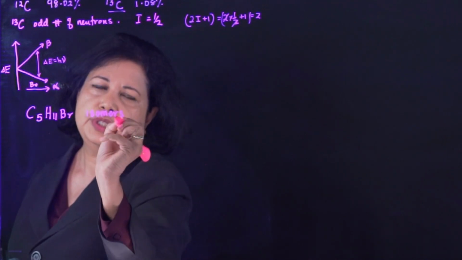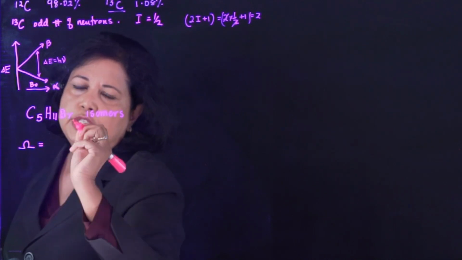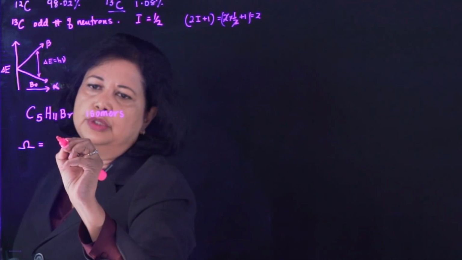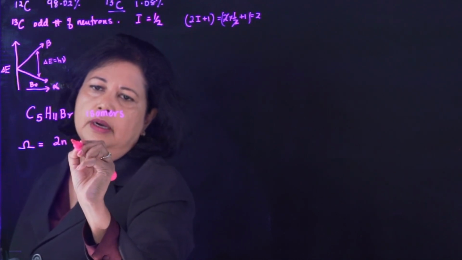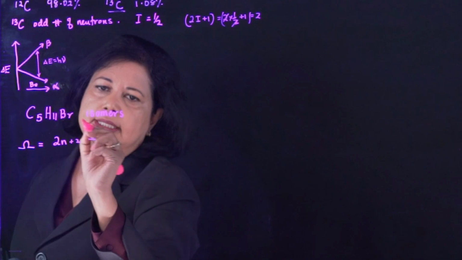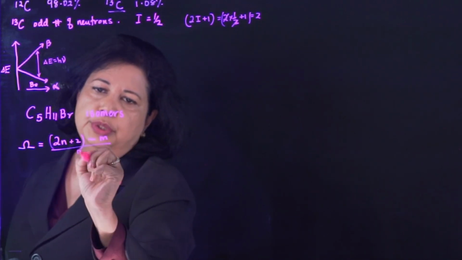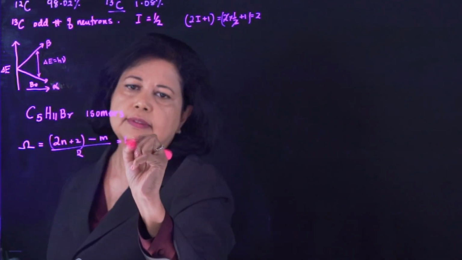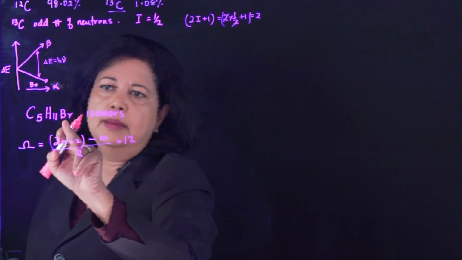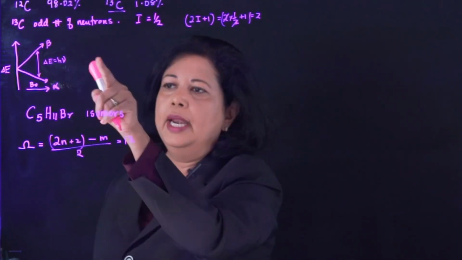The first thing you should do is just do a really quick IHD, index of hydrogen deficiency. So this is going to be 2n plus 2, where n is the number of carbons, minus m, the whole thing divided by 2. So here you're going to have 10 plus 2, 12, minus m is 11, but in the case of bromines or halogens, you add 1.